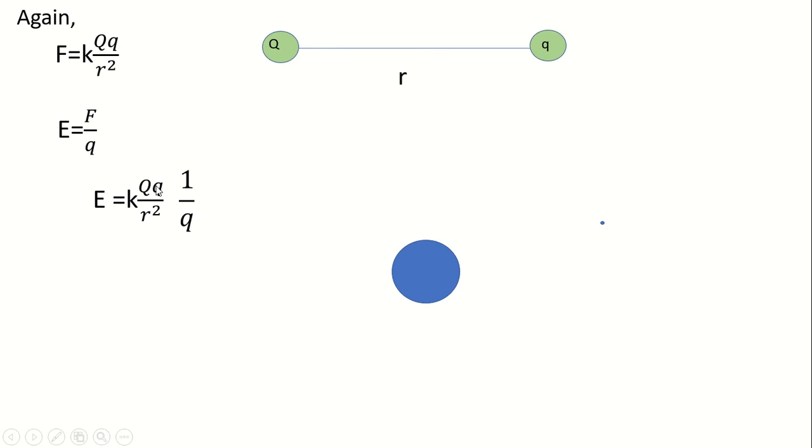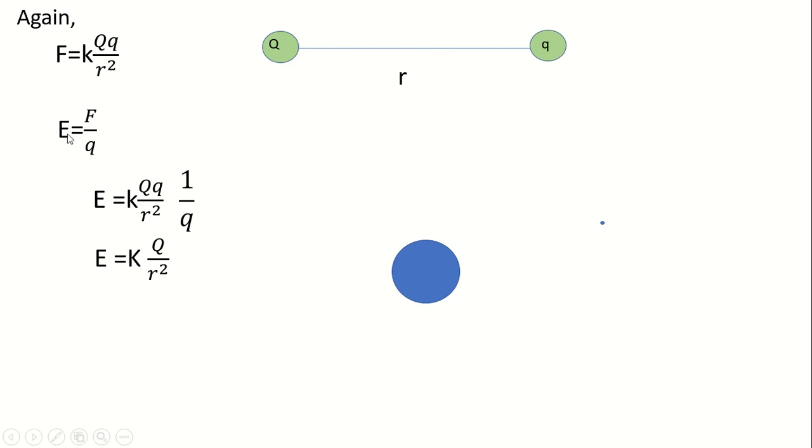So this small q will cancel out. So what will remain? E equals K into Q by r square. So the formula of electric field intensity can be calculated by this formula also, E equals K into Q by r square.